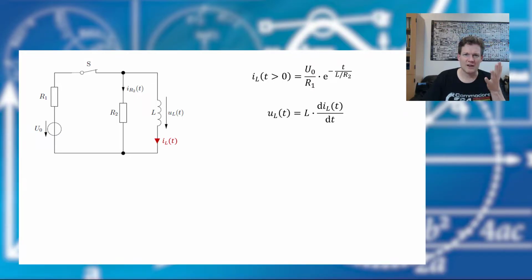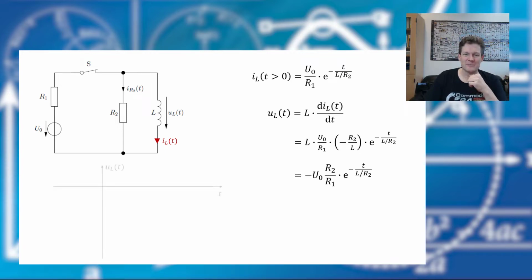The derivative of that is the exponential function itself, but we have an inner derivative in that function, and therefore the total voltage will look like this. And we can clean it up a bit, and then it looks like this.